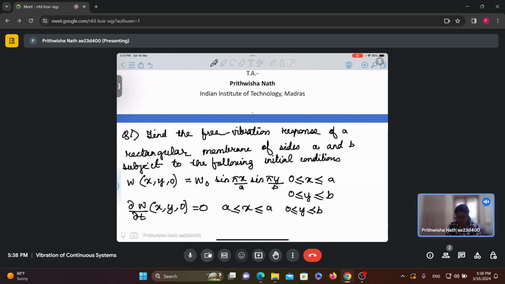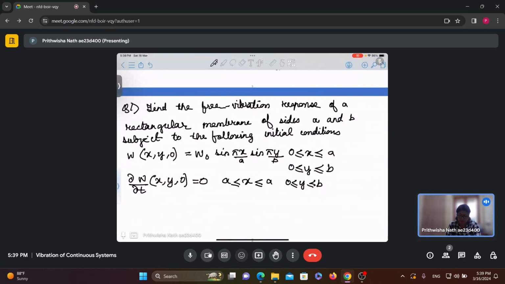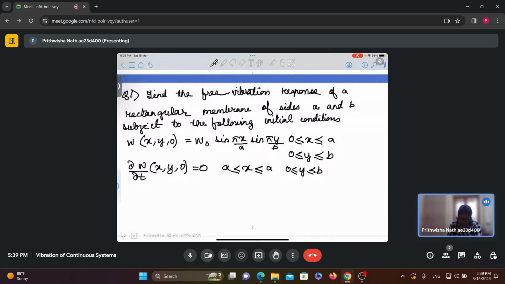W(x, y, 0) equals W naught sine pi x by A sine pi y by B, for x greater than or equal to 0 and less than or equal to A. Similarly, the partial derivative of W with respect to t equals 0 at (x, y, 0), for x from 0 to A and y from 0 to B.